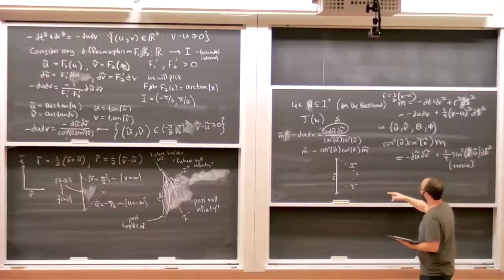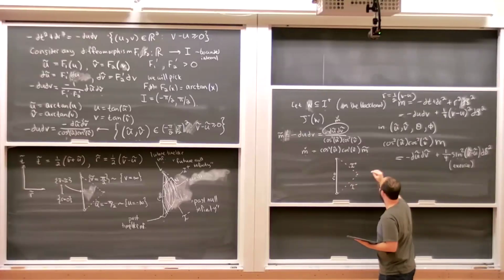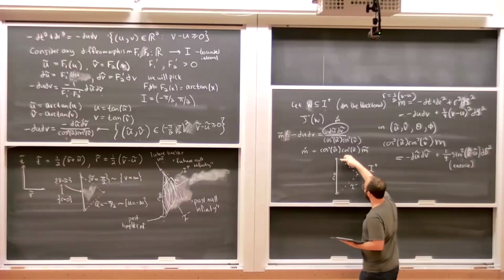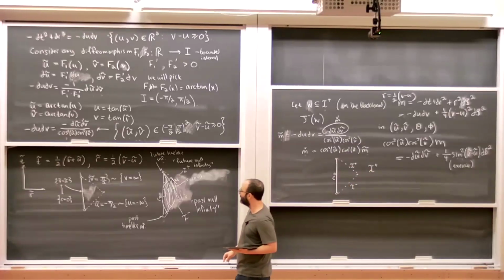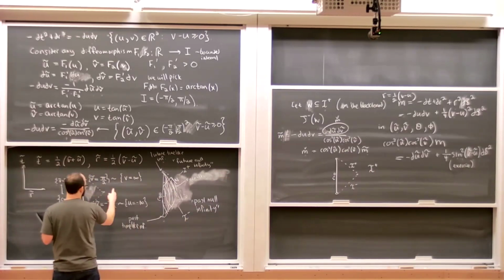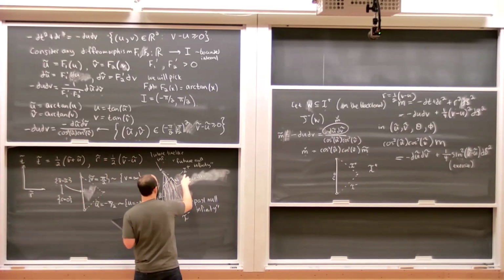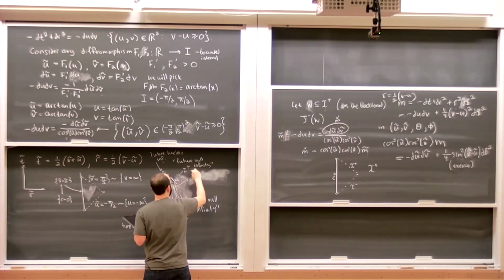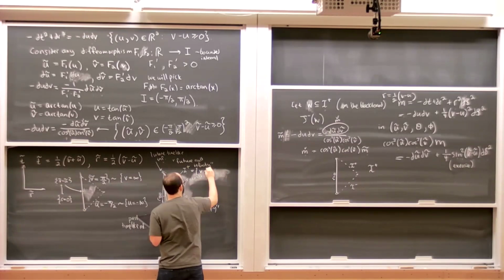So what you see, first of all, this I plus, maybe I should have made this more clear, I just drew this line here. This I plus corresponds to this boundary, V equals pi over 2.